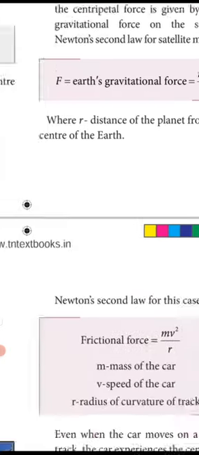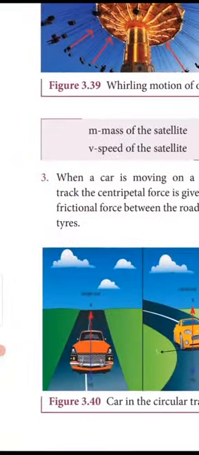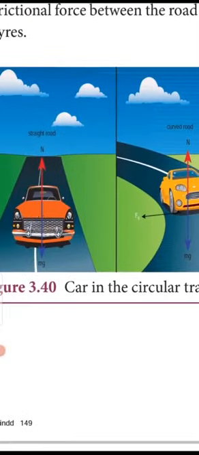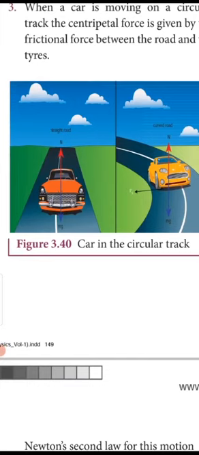And come to the third case, see this diagram. This one, the car on a circular track. When the car is moving on a circular track, the centripetal force is given by the frictional force between the road and the tire. So the road and the tire of the car have some frictional force, and that frictional force acts as a centripetal force here.